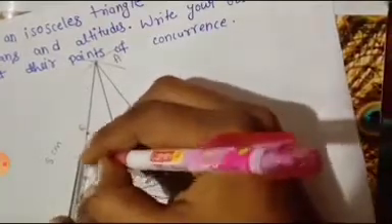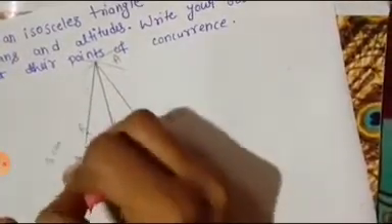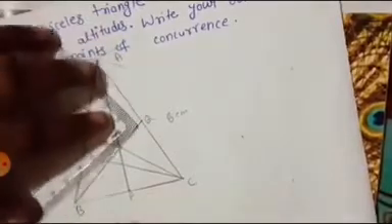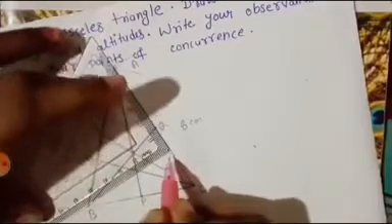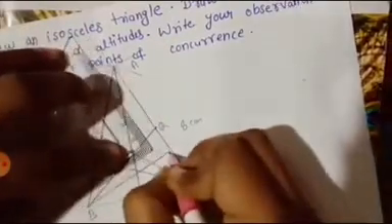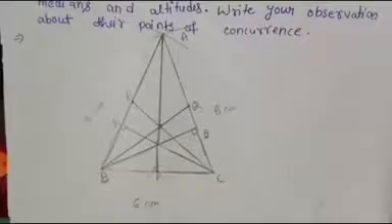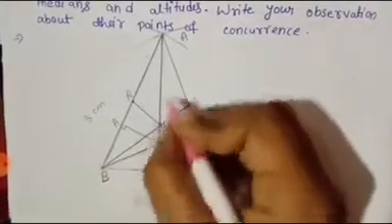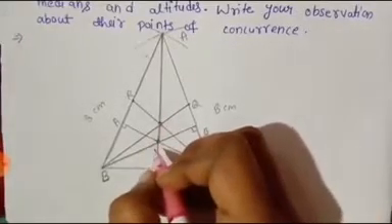Now put on B. Again you can get a different line, so you can draw one line perpendicular on side AC. So here you can get one point of concurrence, and here also you can get one point of concurrence.